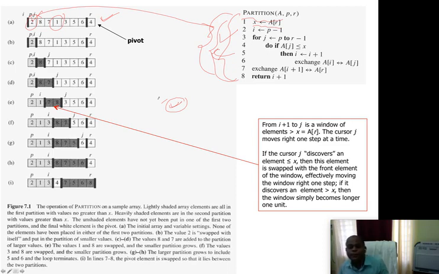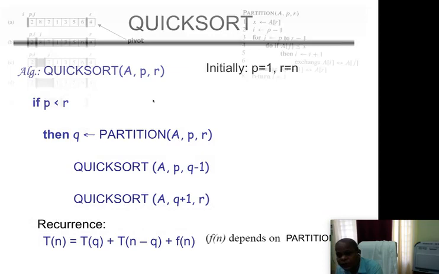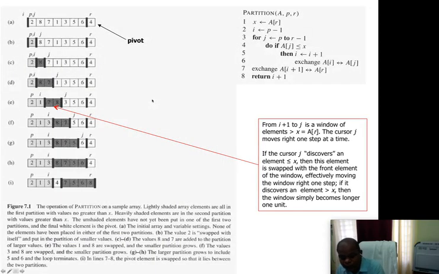Okay, and now we will consider the time complexity of this partitioning algorithm. This step will take constant time C. This is a for loop.